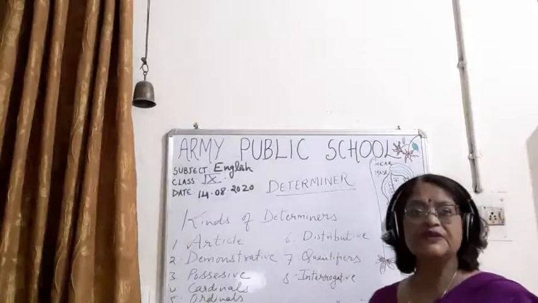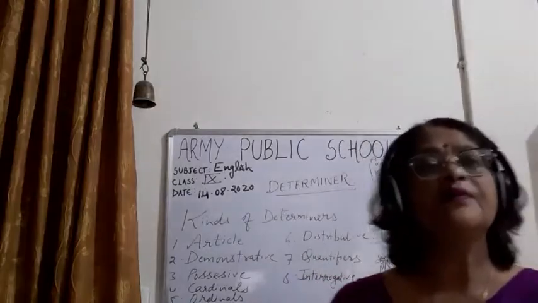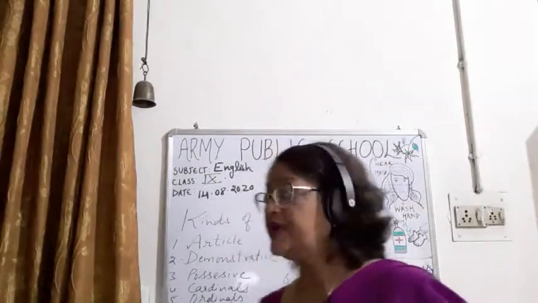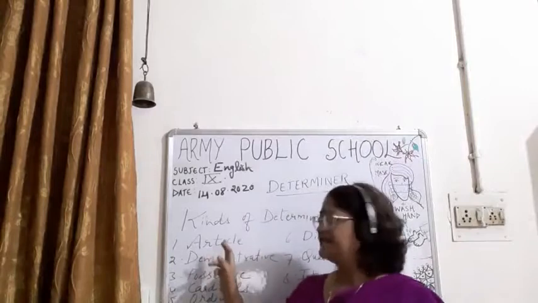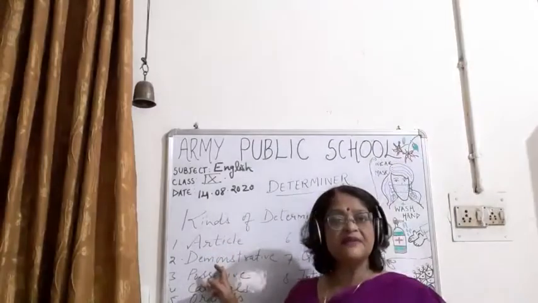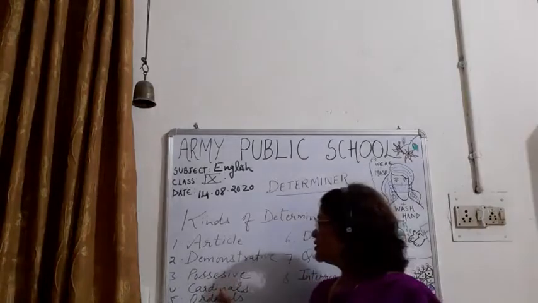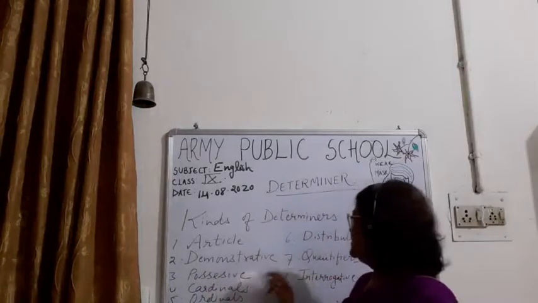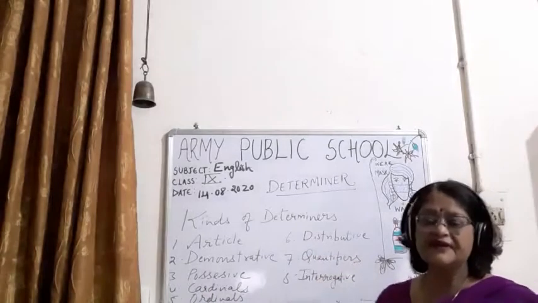Okay, so these are the 8 types of determiner I have written on the board. So what are these, children? Articles, demonstrative determiners, possessive determiners, cardinals, ordinals, distributive, quantifiers, and interrogative determiners.